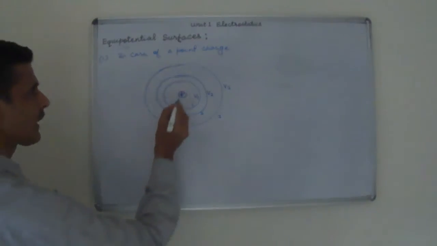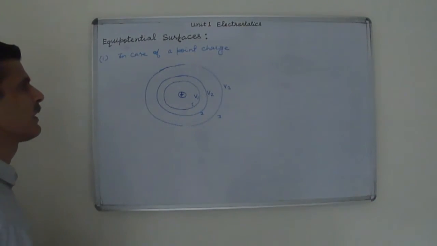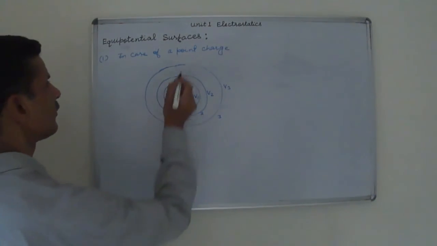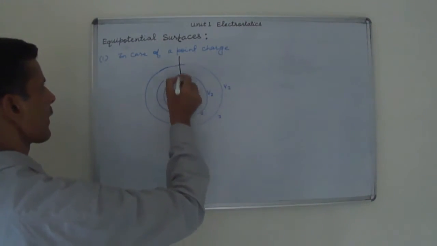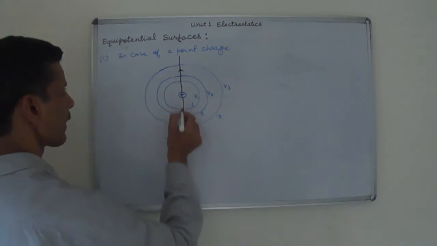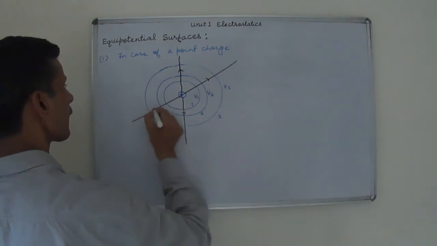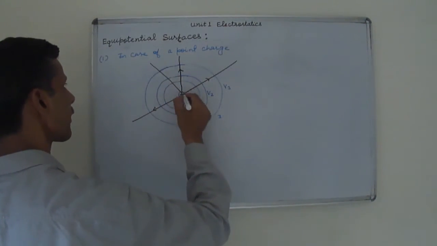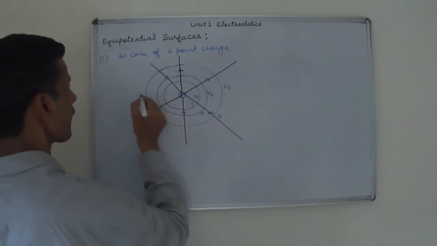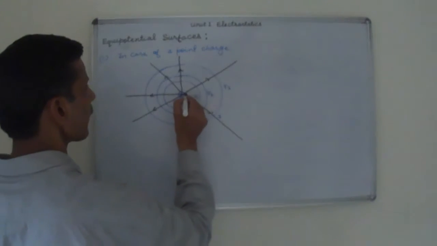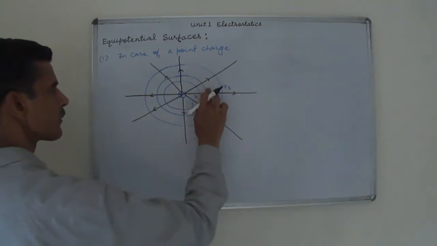Then you know electric field lines we can draw. These are radially outward, like this.